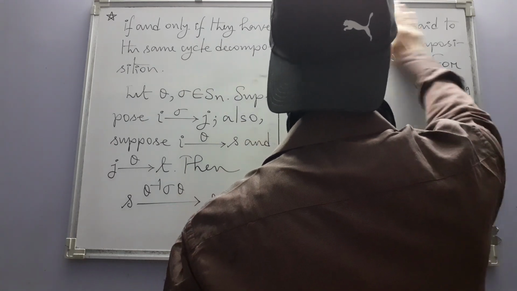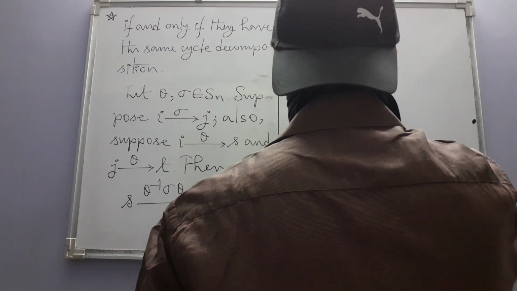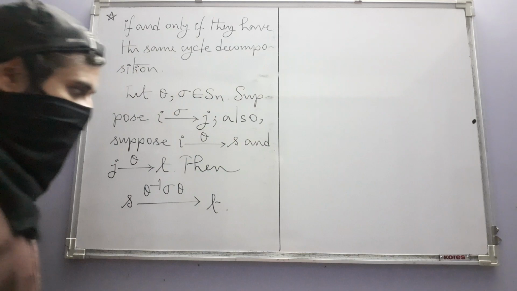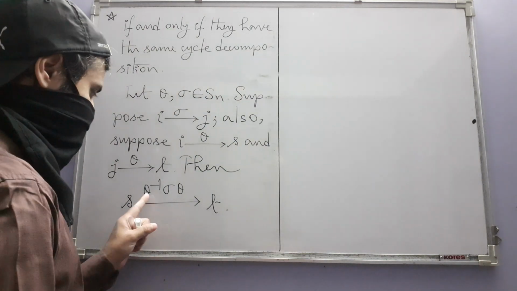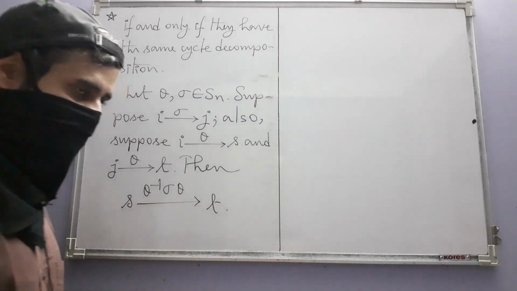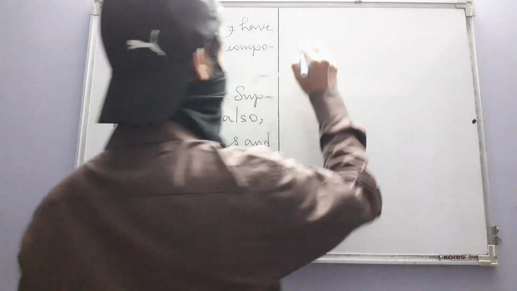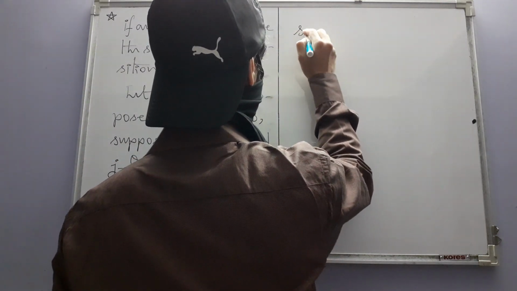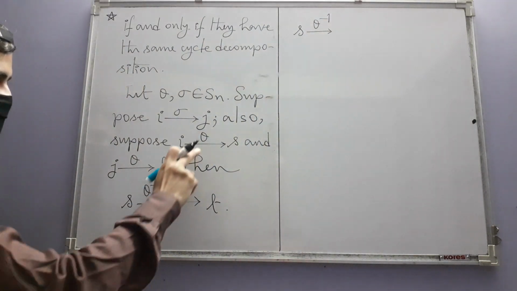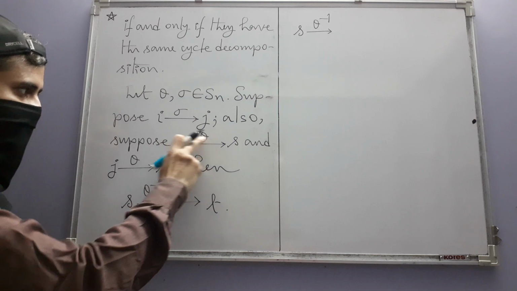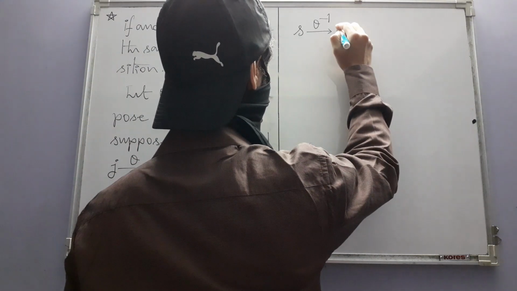Let us see like this, again using these notations. To see if this is true, let us apply theta inverse sigma theta, this composition, in steps on s. So first, theta inverse will take s to i, because theta takes i to s, so the inverse function will do the opposite.